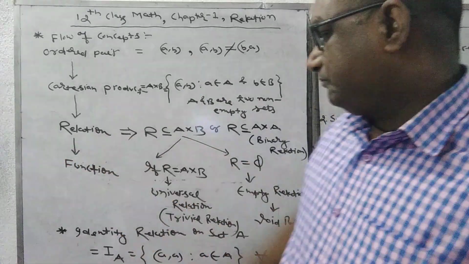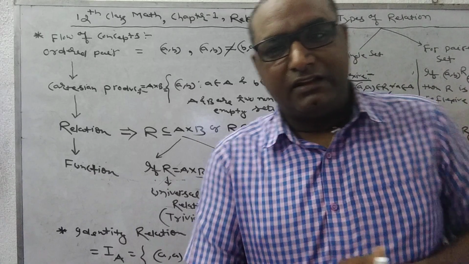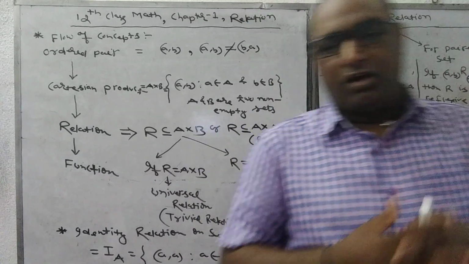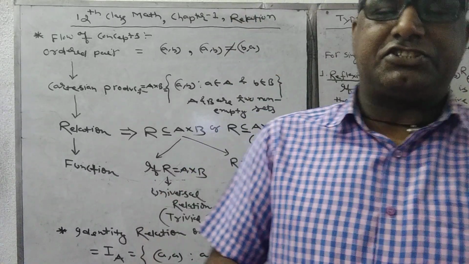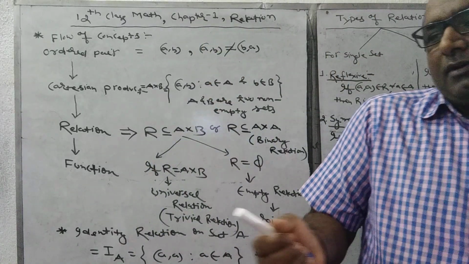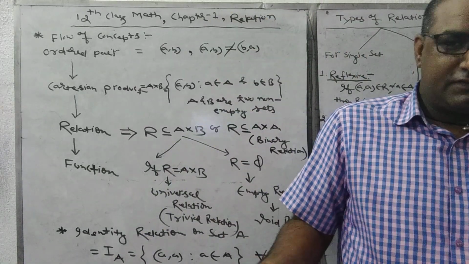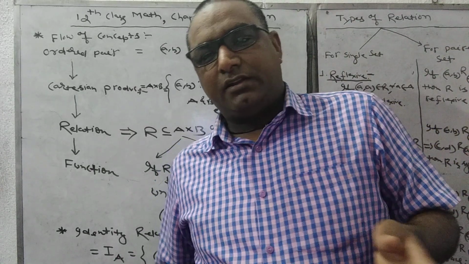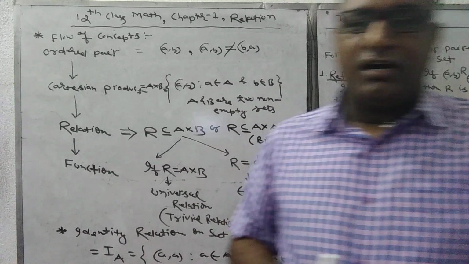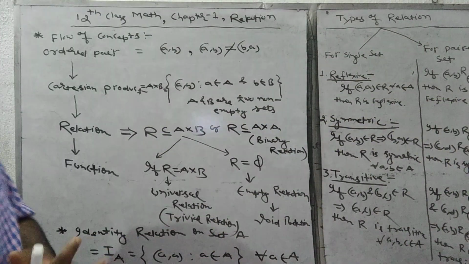Now, relation. Everybody is in a relation. All the society people belong to a relation. If I have my father, my mother, then sister, brother, we are in a relation to each other: brother relation, sister relation, whatever.